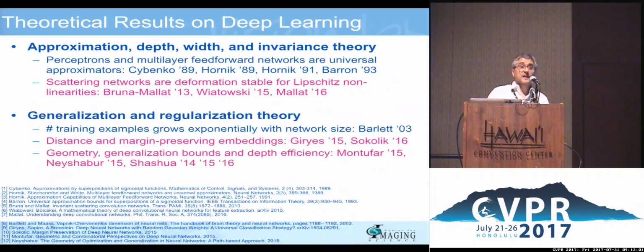So because neural networks are not a new thing, obviously people thought about some of these issues even 20 or 30 years ago. So one of the issues that people thought about is what kinds of functions are being approximated by a neural network. And a very outstanding result back from the late 80s was the fact that if you have a network that has just one hidden layer only, they are universal approximators.